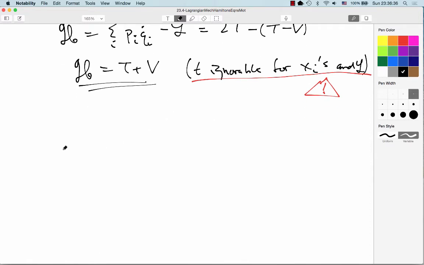Alright, so let's go and take a look at doing variations in the Hamiltonian. So now this is general.